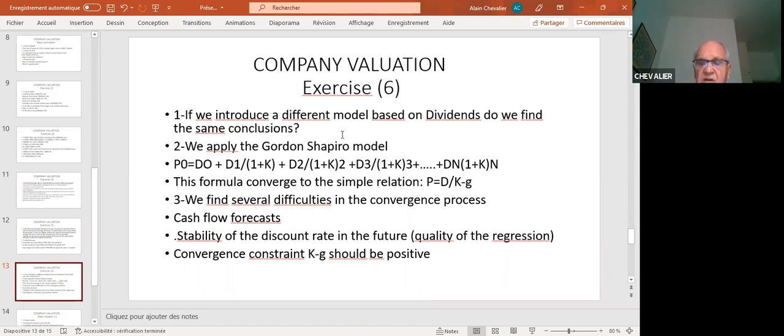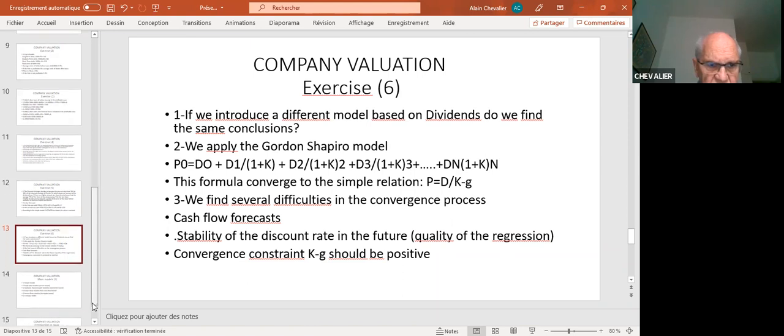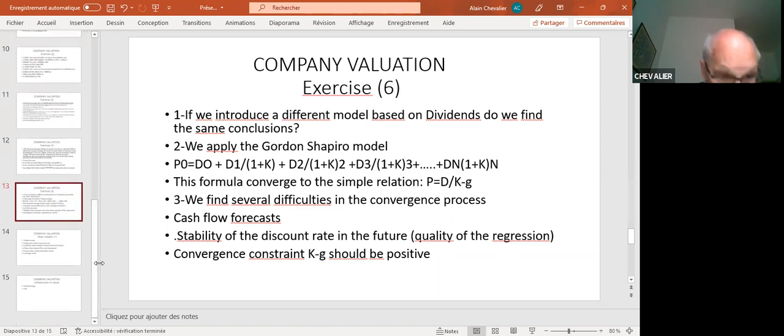We need this relation to have a convergence process for the complex formula in point 2, the basic and original Gordon-Shapiro model. We will find Gordon-Shapiro several times, with different applications. It's a model which is very often used and applied.